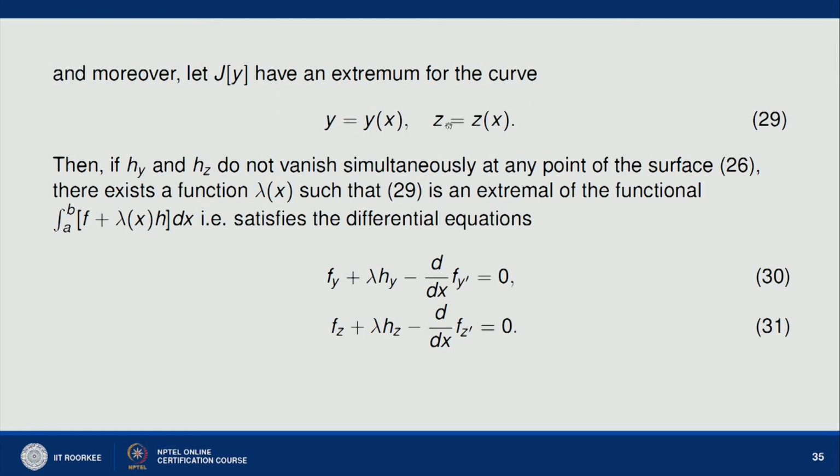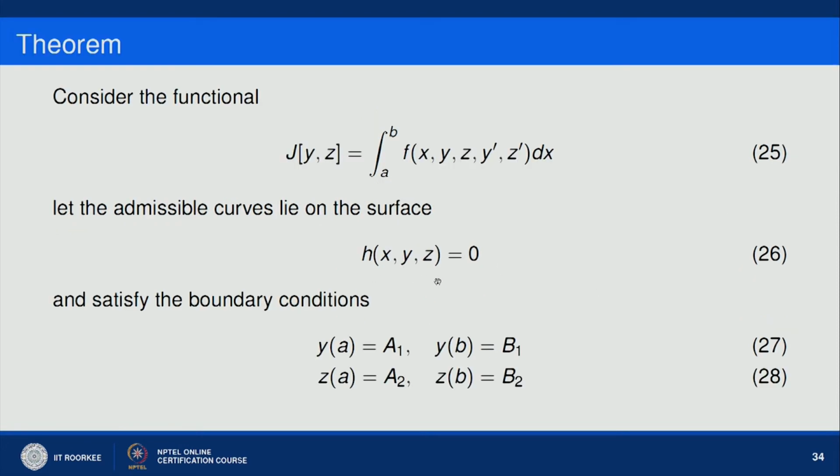y equal to y of x and z equal to z of x, and also we assume that h_y and h_z do not vanish simultaneously at any point of the surface 26. So this surface h of x, y, z has non-zero partial derivative with respect to y and z.